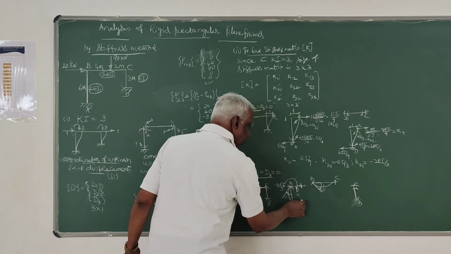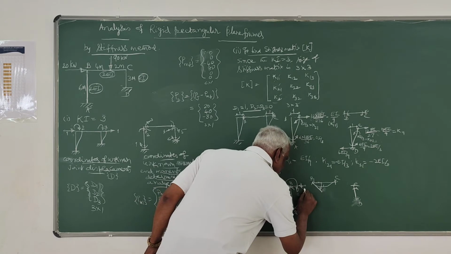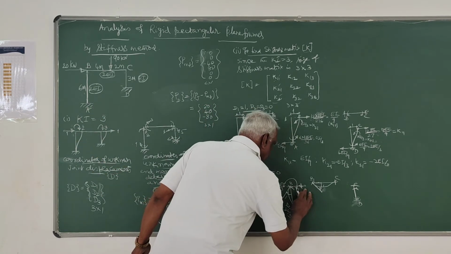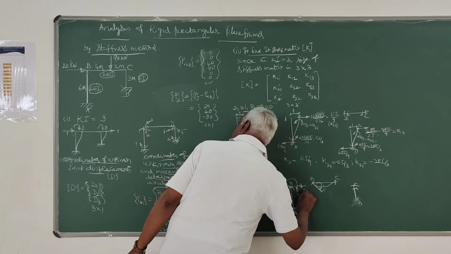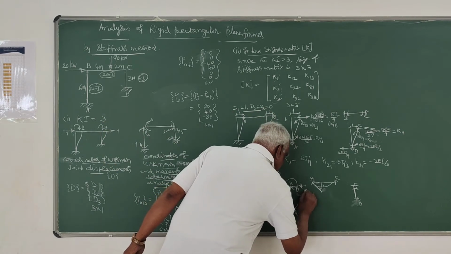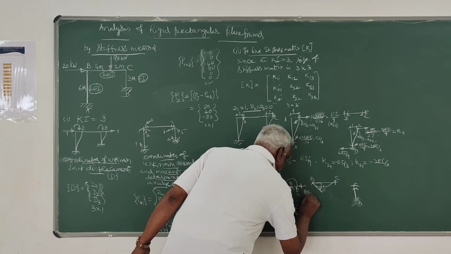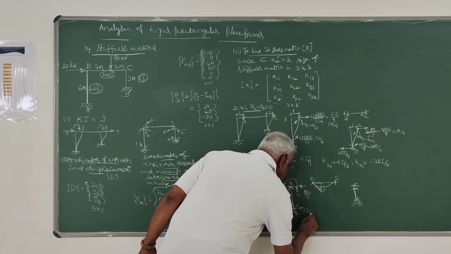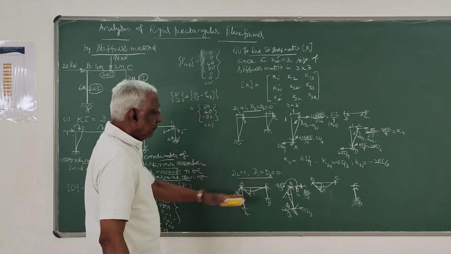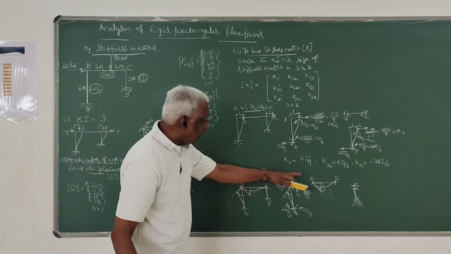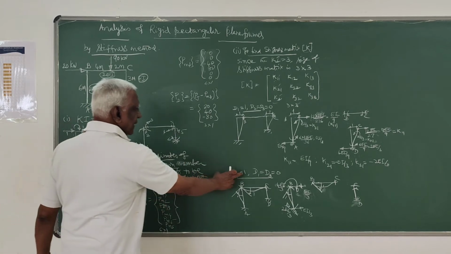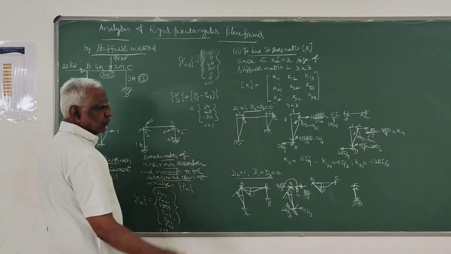Here these two forces will be 6EI by L square, that is 6 into 2EI, 12EI divided by 36, that is nothing but EI by 3. This is also EI by 3. These are the forces developed, moment and shears on account of unit rotation at joint B along coordinate 2.